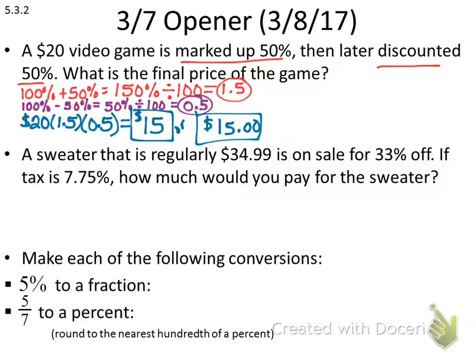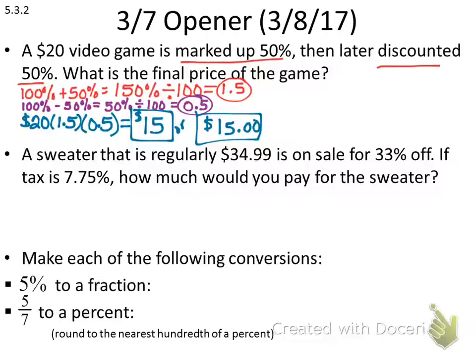When you get to check it out, or when you get to pay for it, it's going to be taxed at 7.75%. So how much would you end up paying for the sweater? So the first one, 33%, is that an increase or decrease in the price? Okay, and then if it's taxed at 7.75%, is that going to be an increase in the price or a decrease? Increase, yeah. If you're getting taxed, they're adding more money.